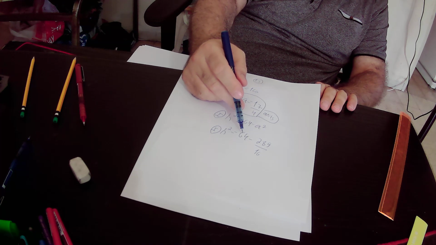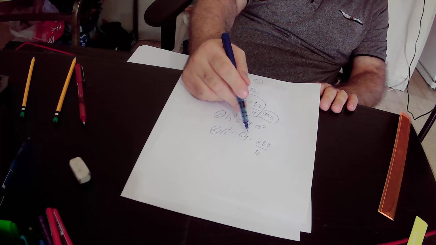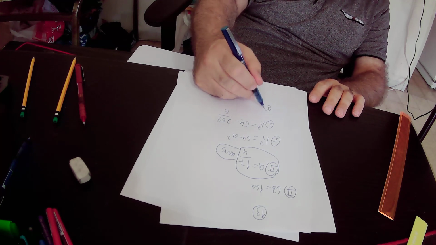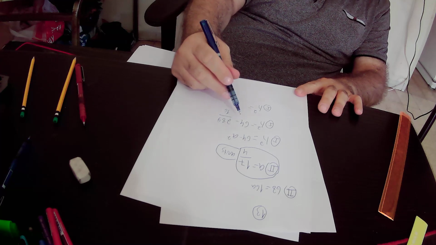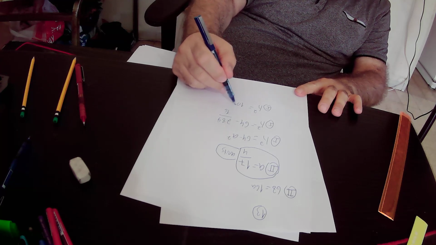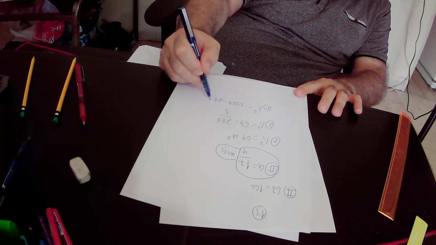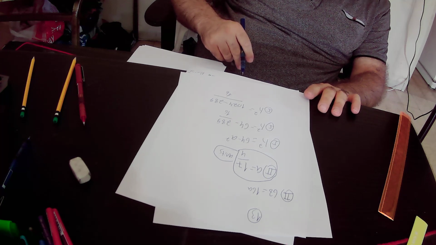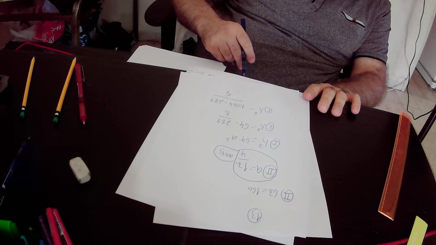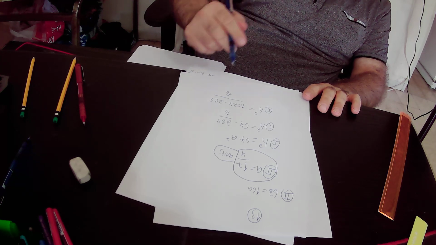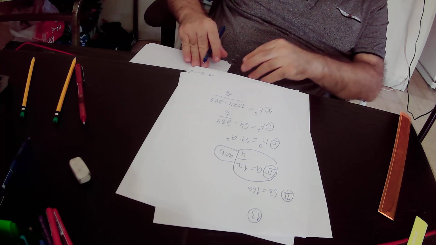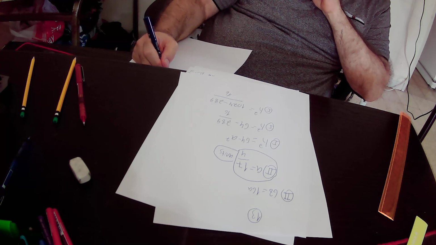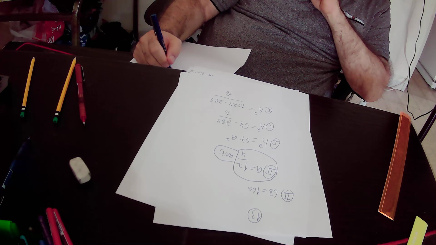We will get that h squared equals 64 times 16, which is 1024, minus 289 over 16, and 1024 minus 289 equals 735. So h squared equals 735 over 16.